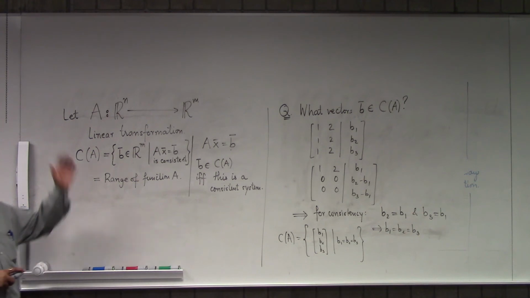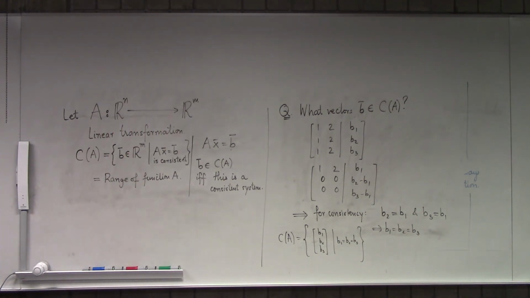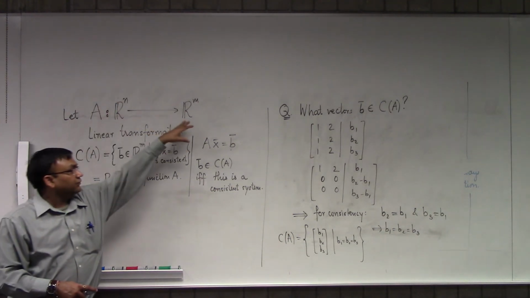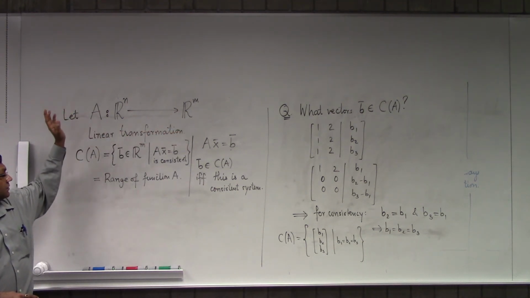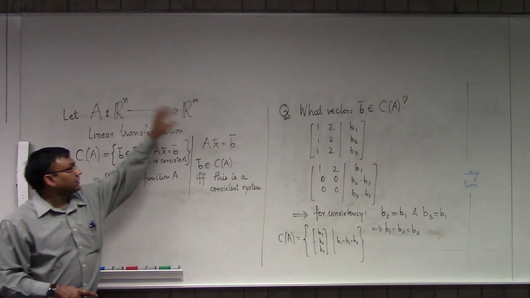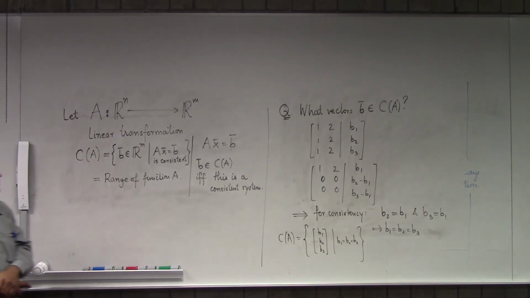What are the things which we can hit in Rm based on the inputs we have in Rn? The null space was special vectors in the domain which map to the 0 vector, and the column space is all the vectors in the codomain which can be reached using vectors in the domain. In other words, column space gives you the range of this function.